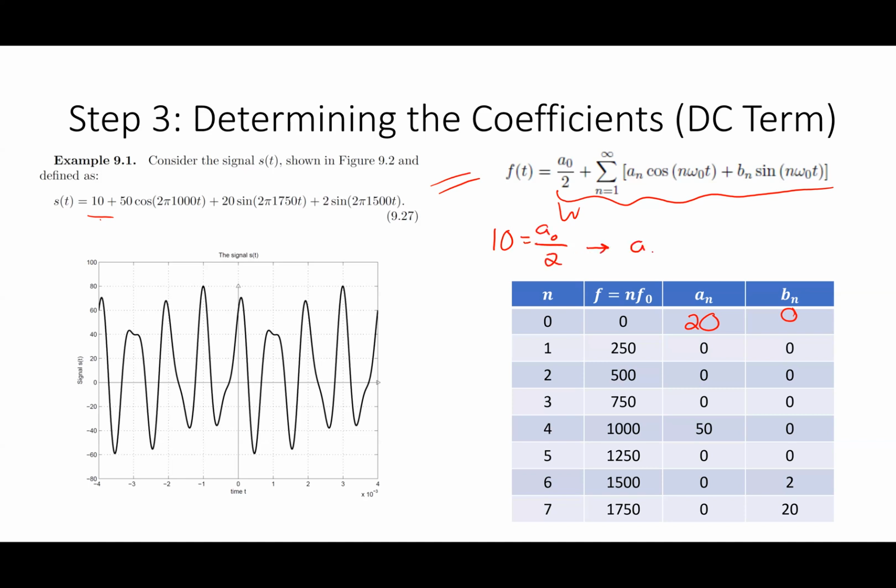So A0 is 20. Like I said, that will cause half of you to lose points on exam 3. That always screws up a lot of people.